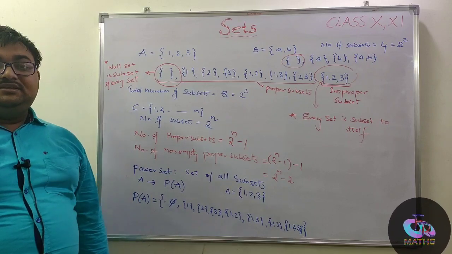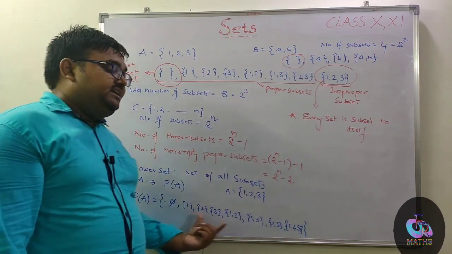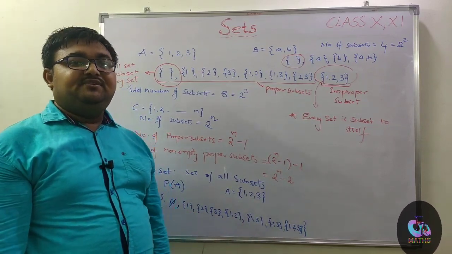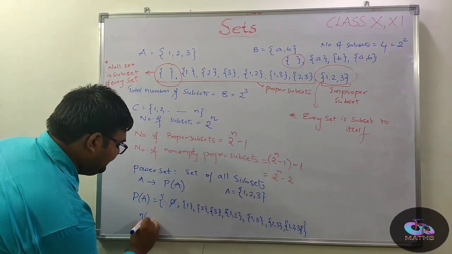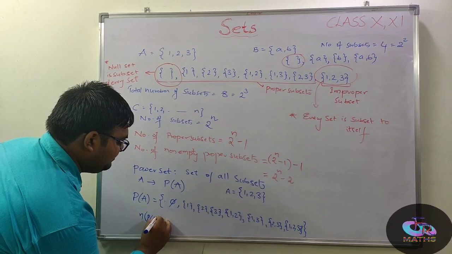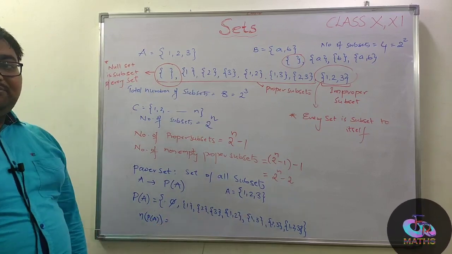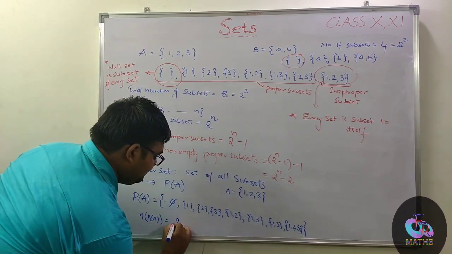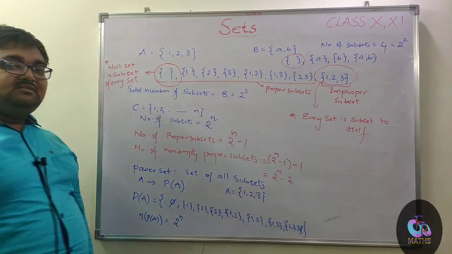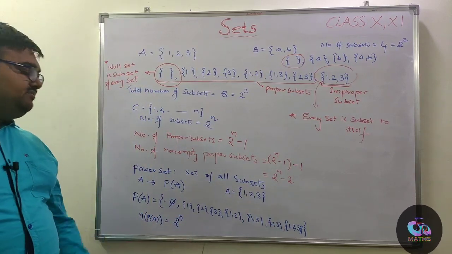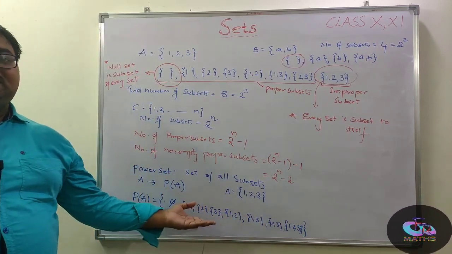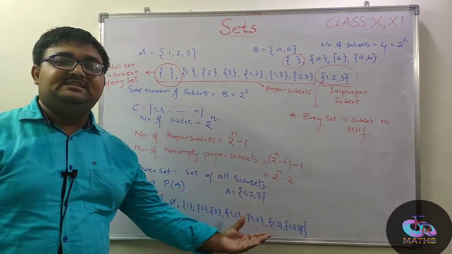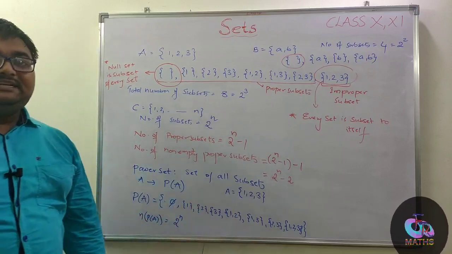Now from this, if you want to find the number of elements in the power set, it is given by n of P of A. N of P of A is nothing but 2 power n. So simply, these all are subsets only. All these subsets are kept inside a set.